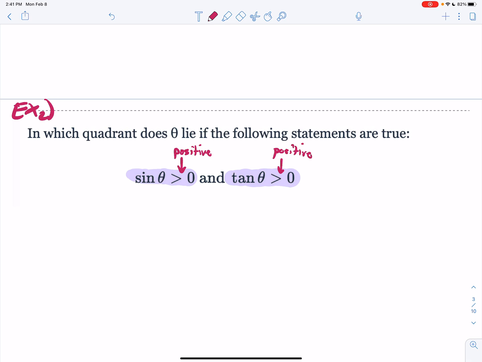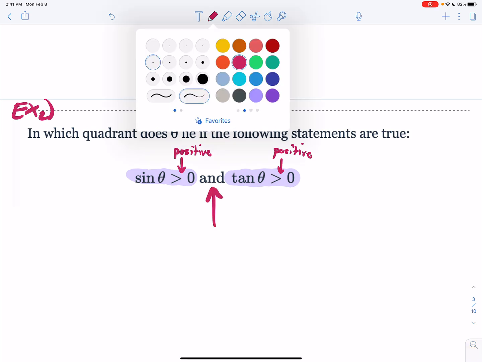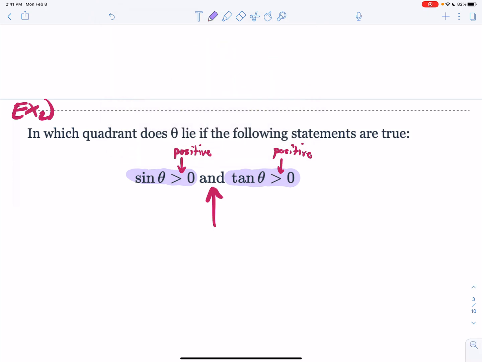Okay, so let's answer this one at a time. It's kind of like a guessing game, you guys. You have to narrow down your clues, okay? So we're trying to find out what quadrant is sine and tangent positive, okay? So let's just start off with sine. When is sine positive? At what quadrants is sine positive?